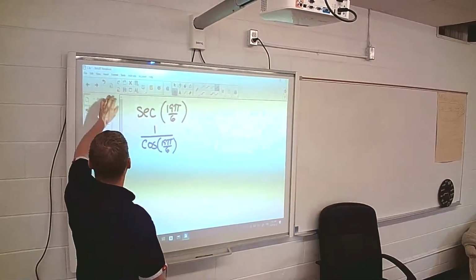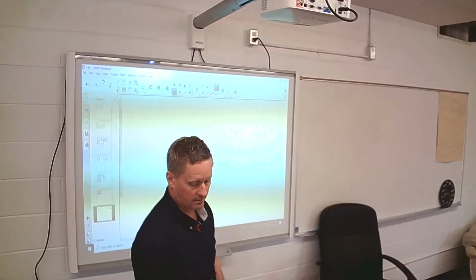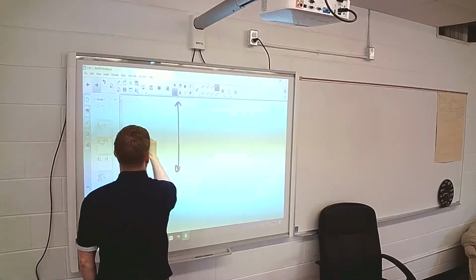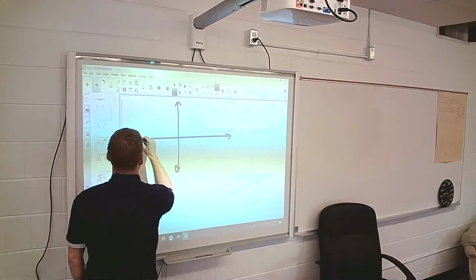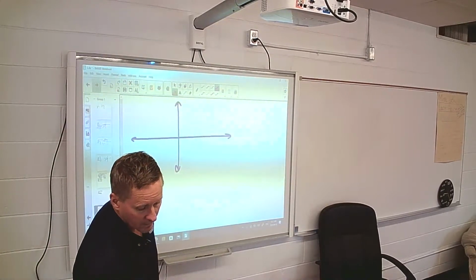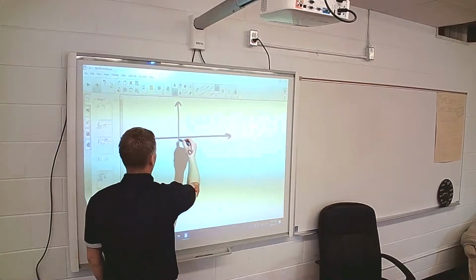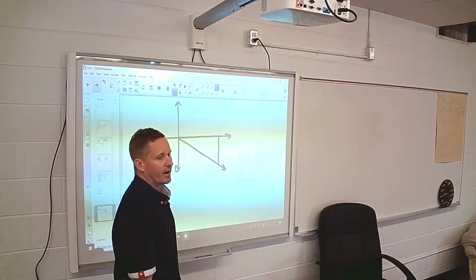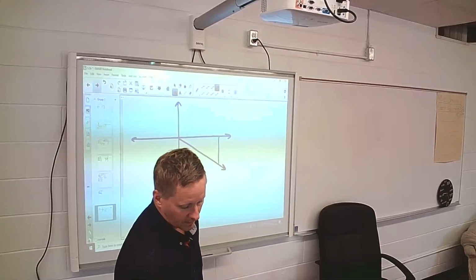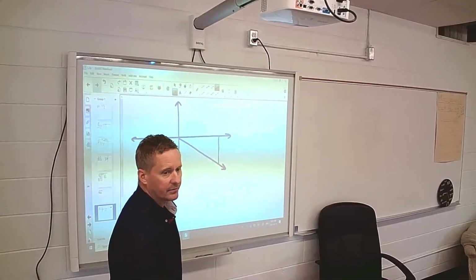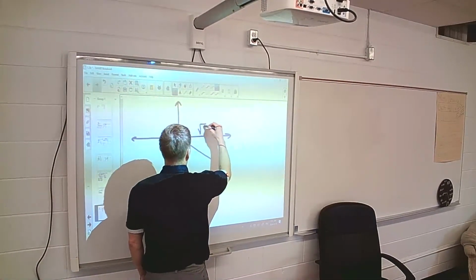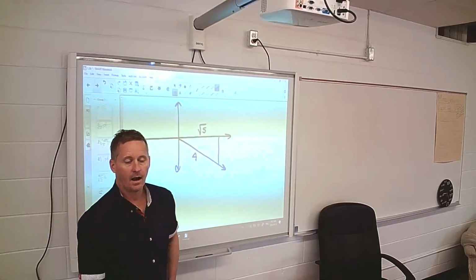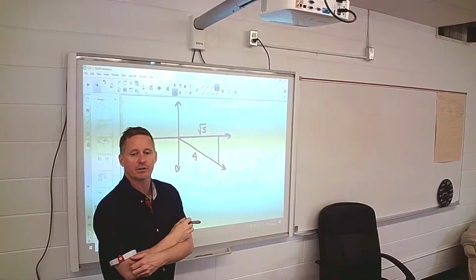Number 5. What quadrant are they working in? Quadrant 4. Again, triangle is your friend. The cos value of this is root 5 over 4. I think this is the easiest way to do this question.